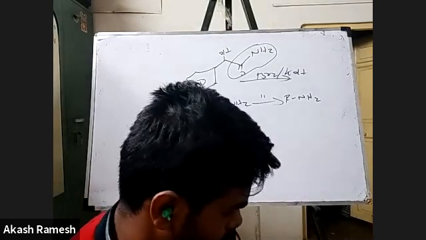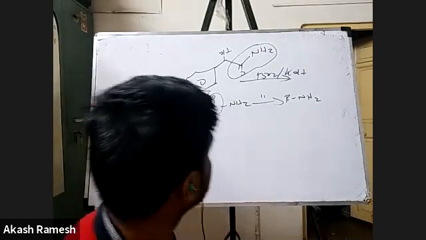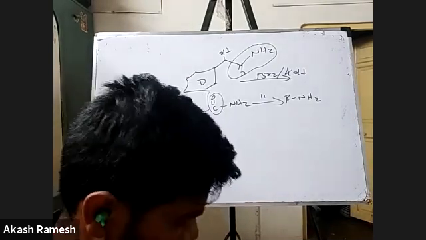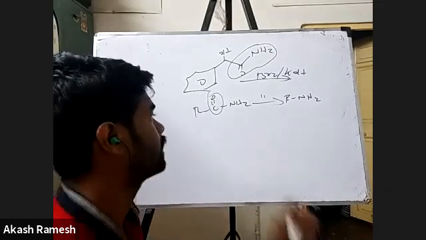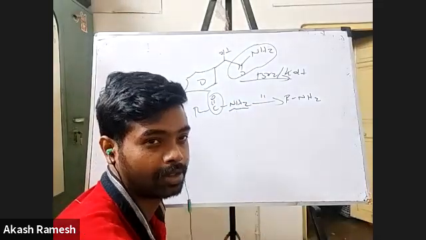Okay. So the mechanism actually will be a little complex, but what you have to understand is basically this part. This particular part in the amide is going to be a little acidic in nature.